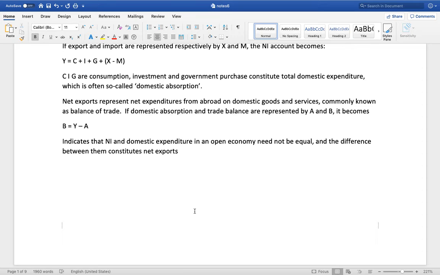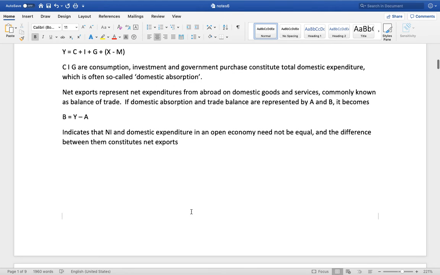If the domestic absorption and the trade balance are represented by A and B, it becomes B equals Y minus A, where Y is the national income, A is the absorption, and B is the balance of trade.